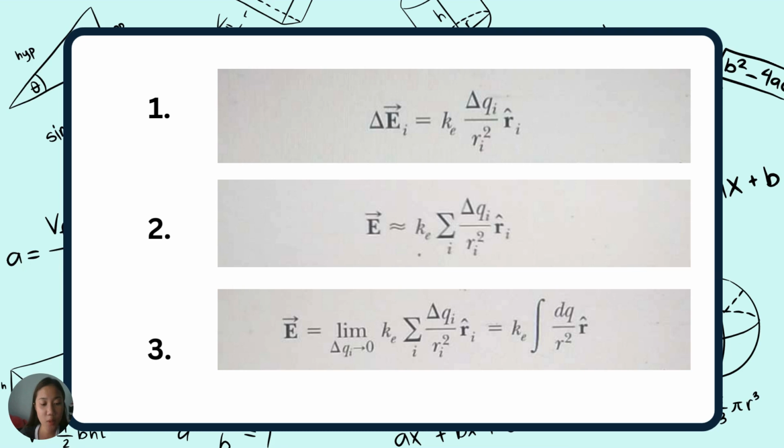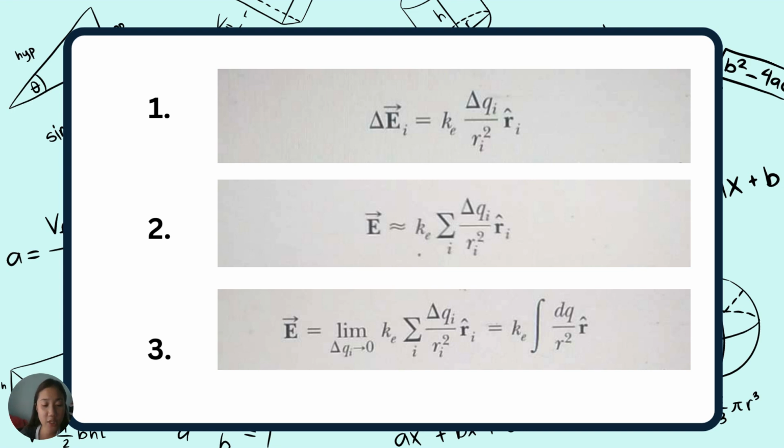Now, we apply the model in which the charge distribution is continuous and we let the elements of charge become infinitesimally small. With this model, the total field at P in the limit Δq_i goes to 0 becomes an integral, where dq is an infinitesimal amount of charge and the integration is over all the charge creating the electric field.